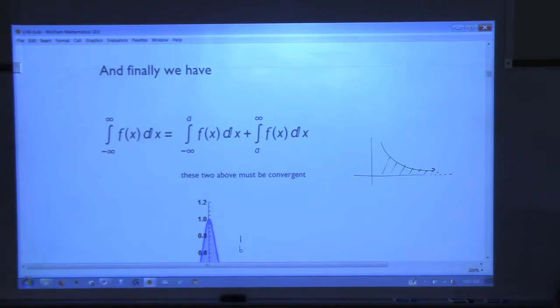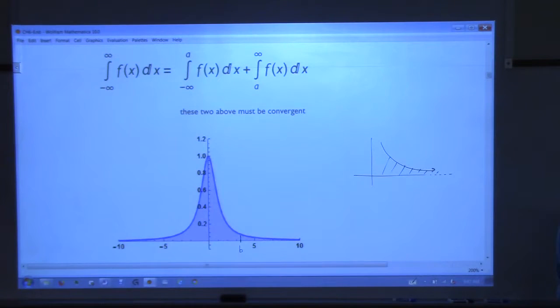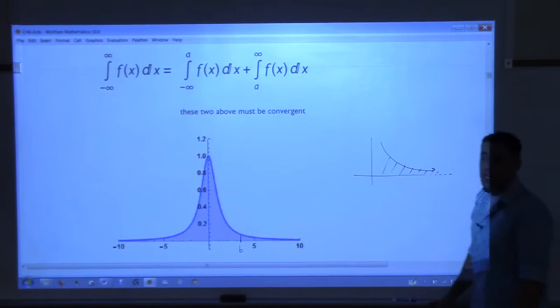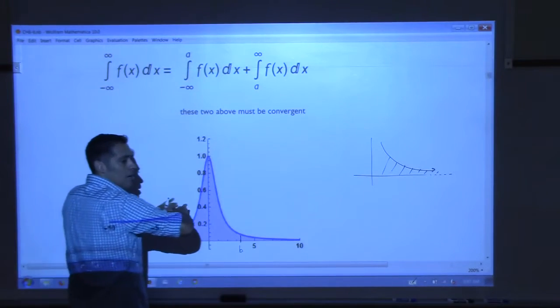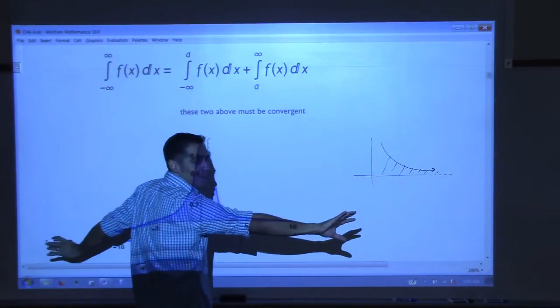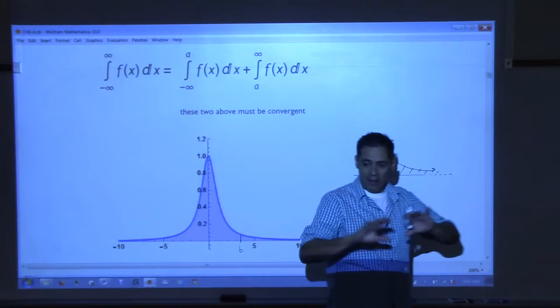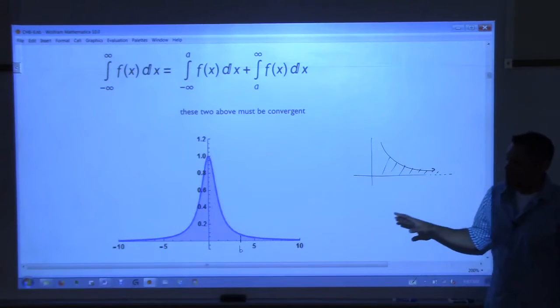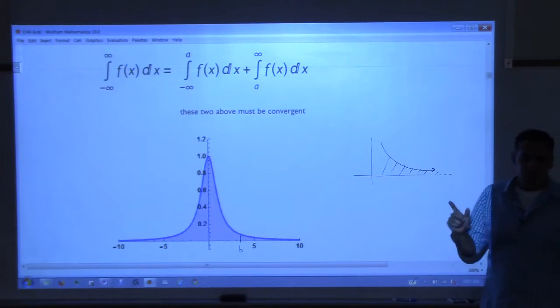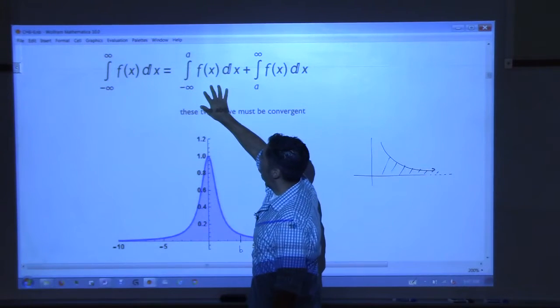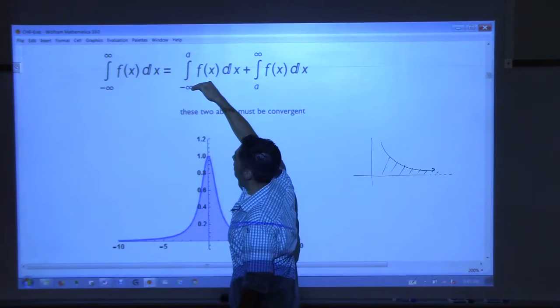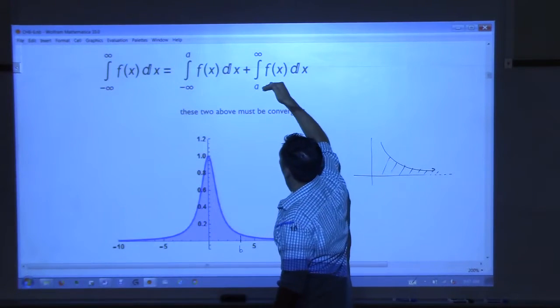Now, lastly, if we want to integrate from negative infinity to infinity, that means we want the area under a function on the totality of the entire real number line, the entire area underneath the function. Then the way we do it is we break it up into two integrals. The first one goes from negative infinity to a, and the second one goes from a to infinity.